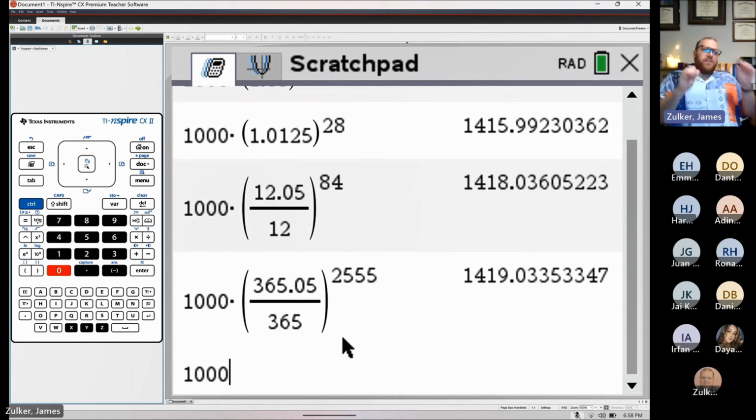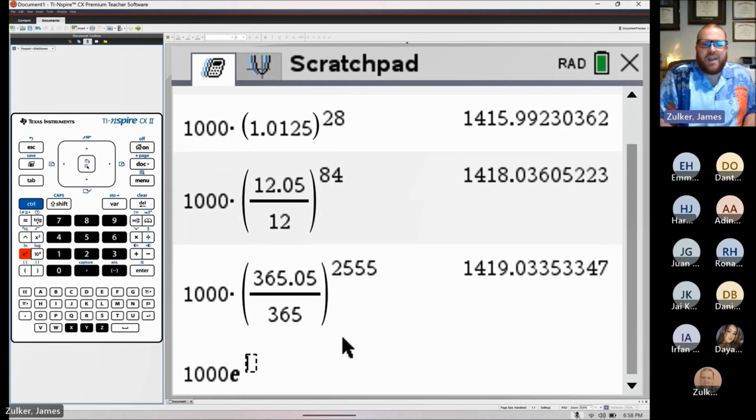Now, when you're doing calculations with E on your calculator, you do not want to use the approximate value of E. You want to find the E button, which is right there on the TI Inspire.